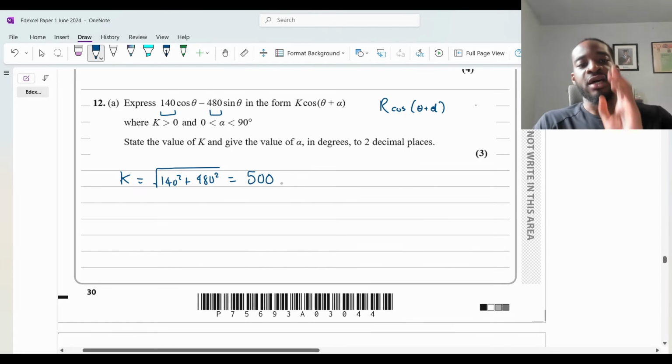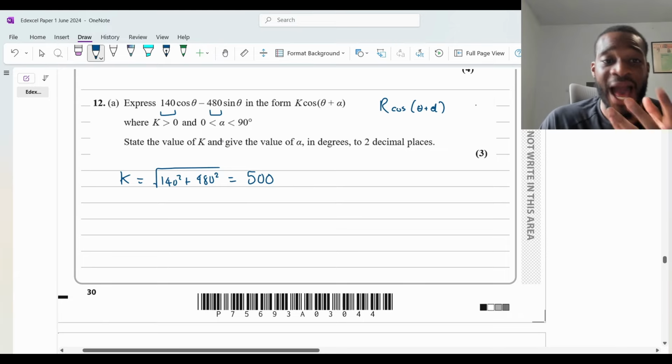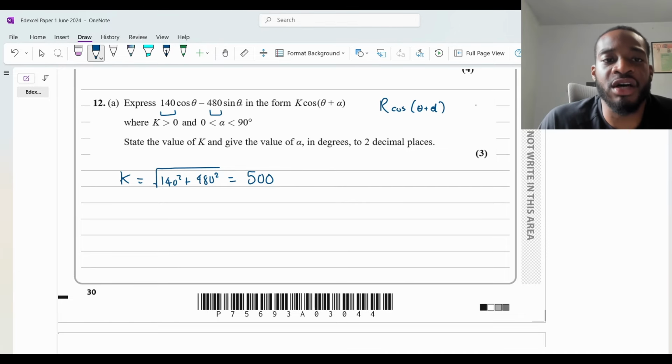That's 500. To get alpha, what I do if I'm doing it quickly is I just ask myself, what is the coefficient for each? So in terms of the cos theta and the sine. And that requires you to know your addition formulae, because if I was to expand that out, that's going to be cos theta cos alpha. That's a plus, so we flip it to a minus, and then sine theta sine alpha. So I inspect it with the original form. The original form is 140 cos theta.